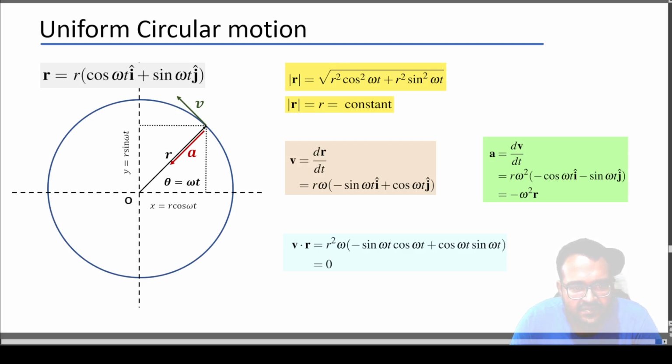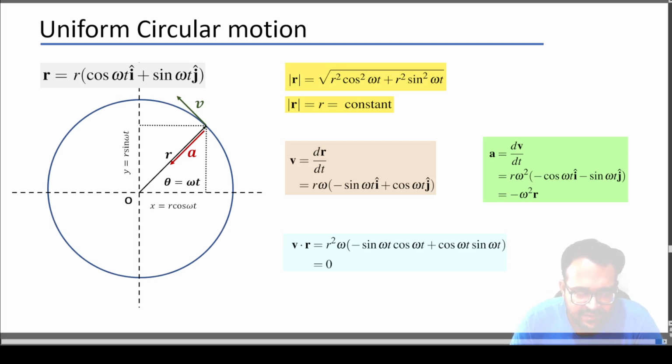Don't worry about A right now, r is the position vector. Uniform means your angular velocity is constant. That means that theta, the angle, is directly proportional to time, and d theta/dt is omega. This is the angular velocity, and the angular velocity is constant.